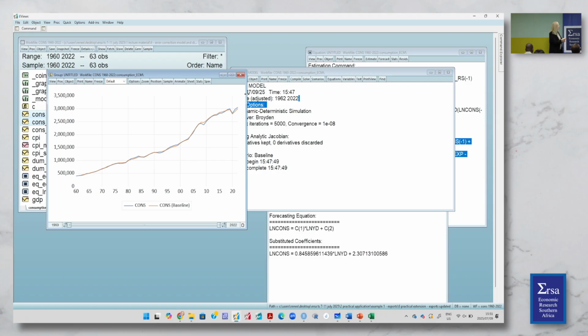We will use, say, up to here as an ex post historic period, calibrate, and then forecast the ex ante future period.